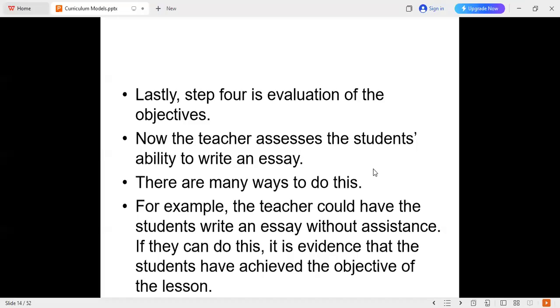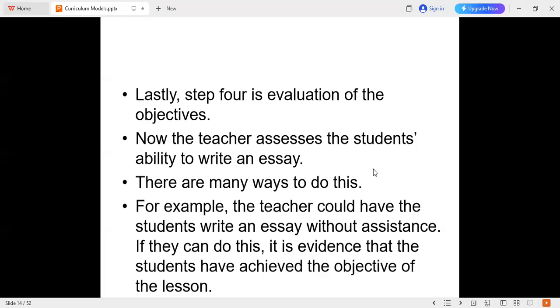For example, the teacher would have the students write an essay without assistance. When the teaching process is taking place, the teacher can help and guide, but at evaluation time, exam time, the students do not get help from the teacher. If they can do this, it is evidence that the students have achieved the objective of the lesson.